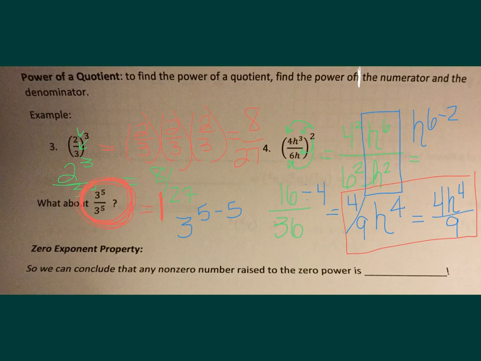Well, 5 minus 5 is 0. So this becomes 3 to the 0 power, but it also equals 1. So we can conclude that any non-zero number, 3 is not 0, raised to the 0 power is, yes, you guessed it, 1. So anything raised to the 0 power is the same thing as the number 1.